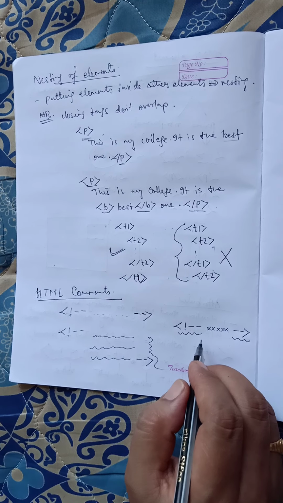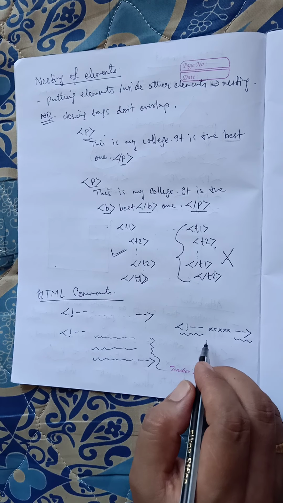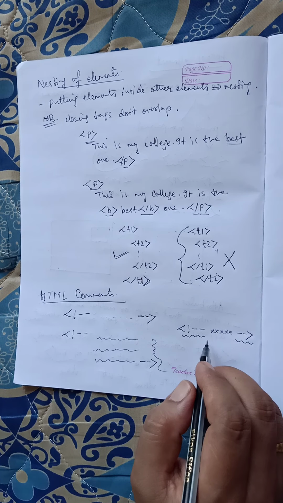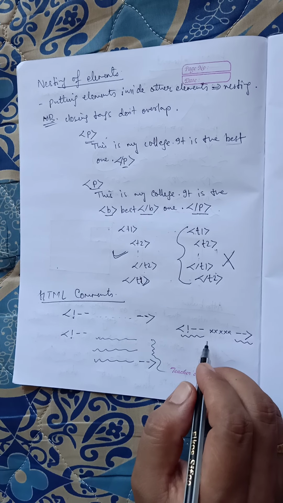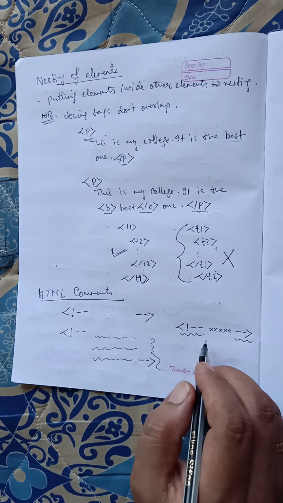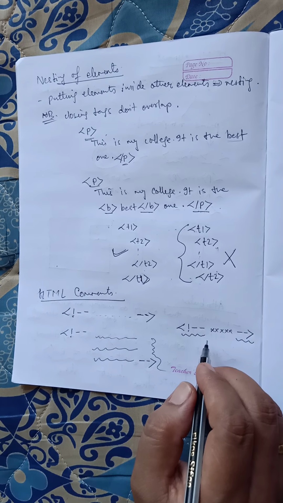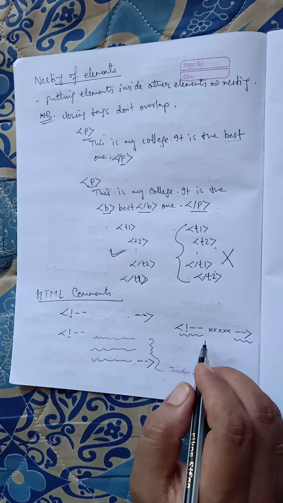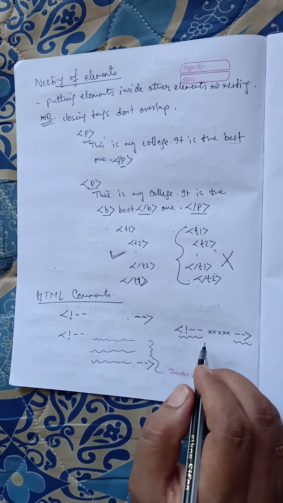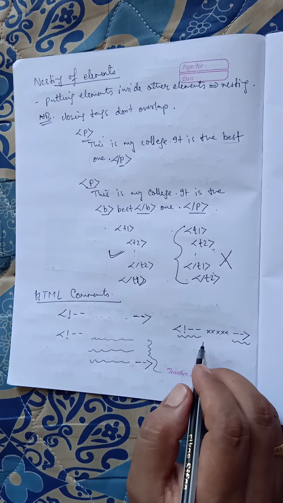That will be visible, but it won't be visible in the browser. So the minimal HTML document structure we have already discussed in our previous classes, so we won't be discussing it again.